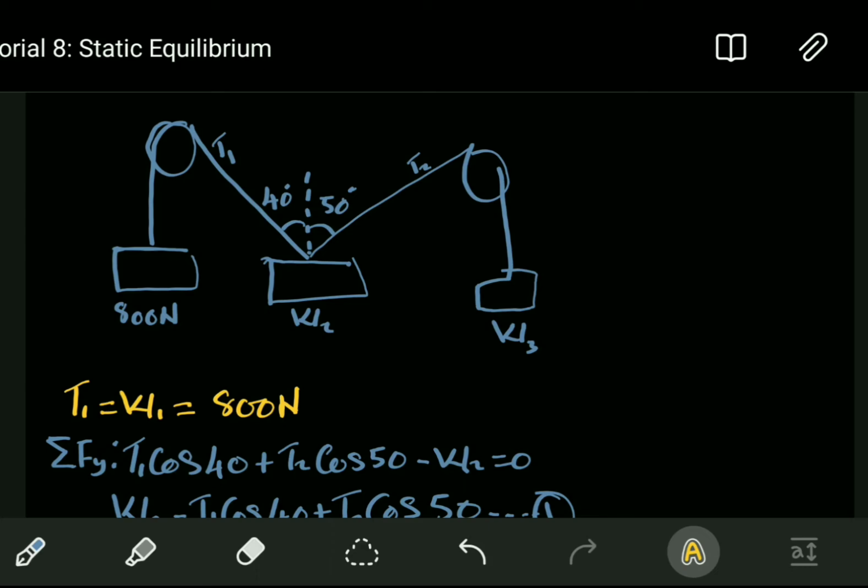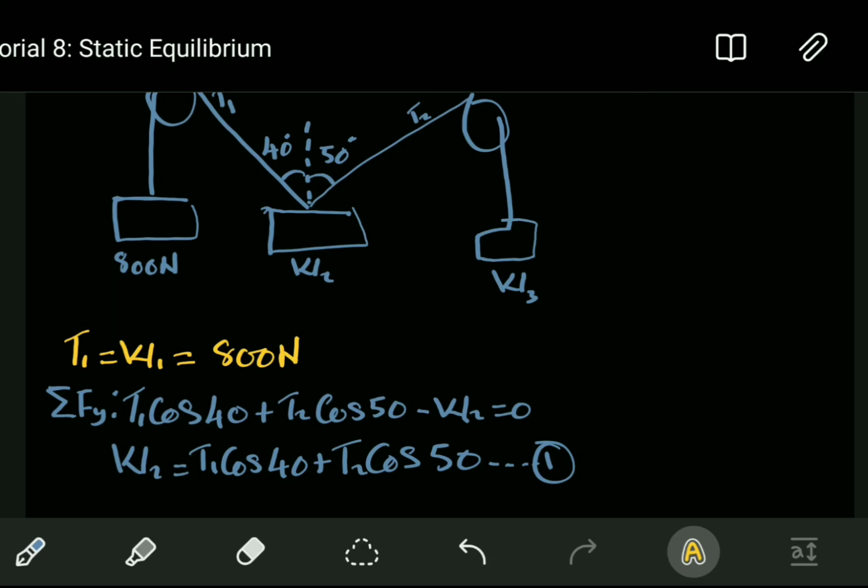Then the sum of the forces in the y, because the tensions are making an angle with respect to the y, is: sum of forces in the y equals T1 cos 40 plus T2 cos 50 minus W2 is equal to 0.